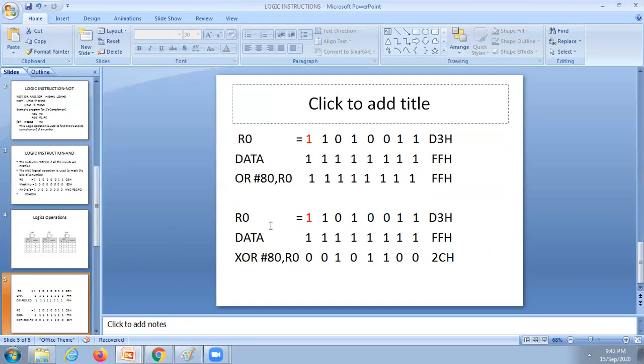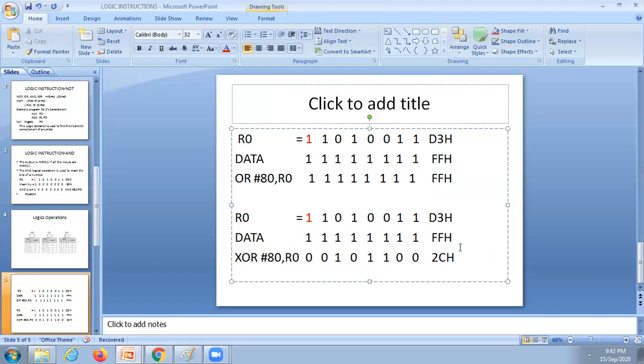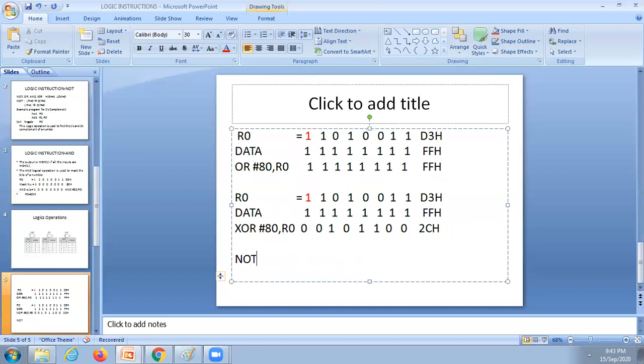Suppose R0 is this one, and I will write the NOT operation here. Suppose NOT applied on R0 means, what is the R0 value? R0 is this one.